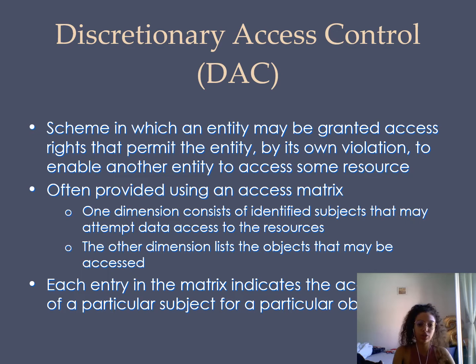The other dimension of the matrix lists the objects that may be accessed, and at the greater level of detail, objects may be individual data files, and more aggregate groupings such as records, files, or even the entire database might also be objects in the matrix. So each entry in the matrix indicates the access of a particular subject for a particular object.